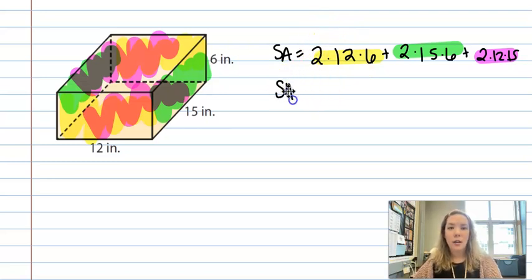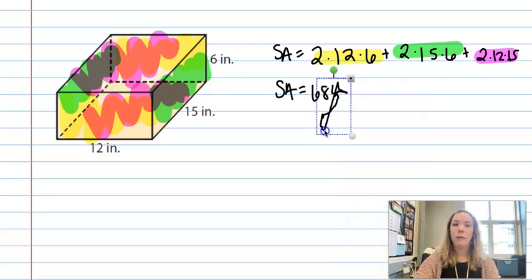So if I just type that into my calculator, you can do the whole string. If I do 2 times 12 times 6 plus 2 times 15 times 6 plus 2 times 12 times 15, I get 684 square inches.